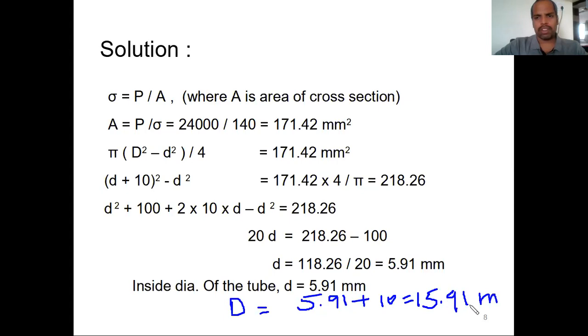That's the answer. This is how you have to calculate. So even from the simple stress equation we have found it out. We did not even use the equation delta L is equal to PL by E, because from the stress equation itself we got the answer.